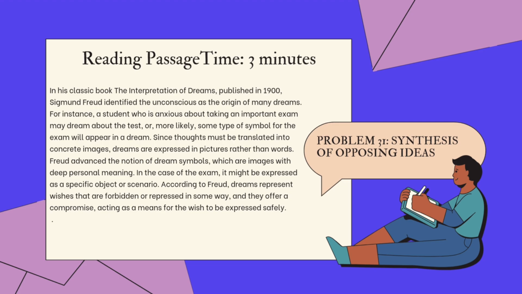Freud advanced the notion of dream symbols, which are images with deep personal meaning. In the case of the exam, it might be expressed as a specific object or a scenario. According to Freud, dreams represent wishes that are forbidden or repressed in some way, and they offer a compromise, acting as a means for the wish to be expressed safely.